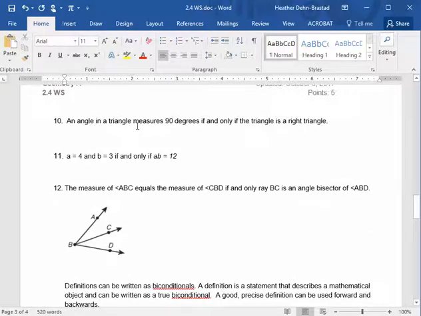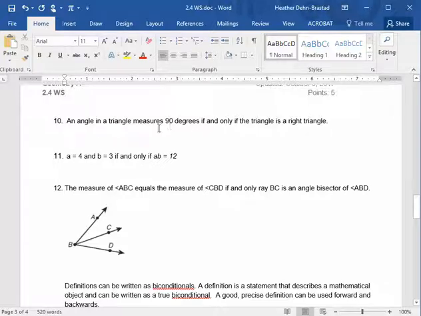An angle in a triangle measures 90 degrees if and only if the triangle is a right triangle. Well, let's think about that. The conditional statement would be if an angle in a triangle measures 90 degrees, then the triangle is a right triangle. That's true. The converse would be if you have a right triangle, then you have an angle that's 90 degrees.